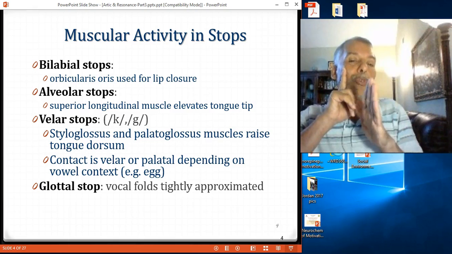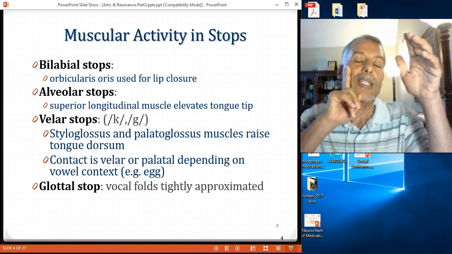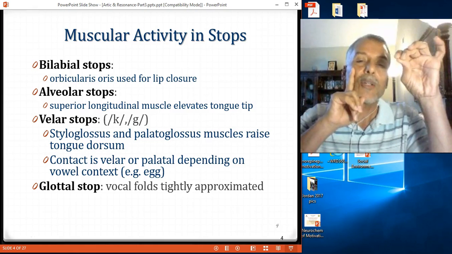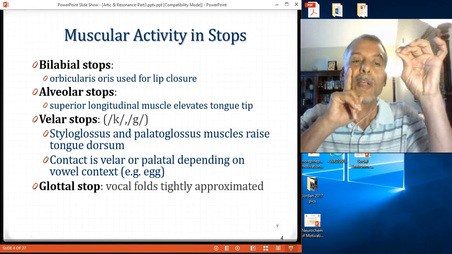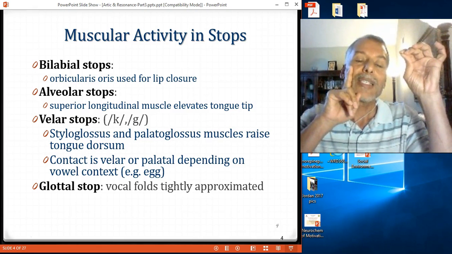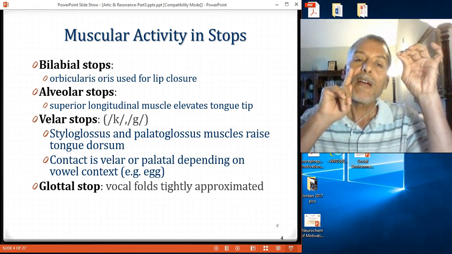Before you cross the line where the palatal aponeurosis is, you stop at the very end of the hard palate itself. So the back of the tongue contacts the very far end of the hard palate.